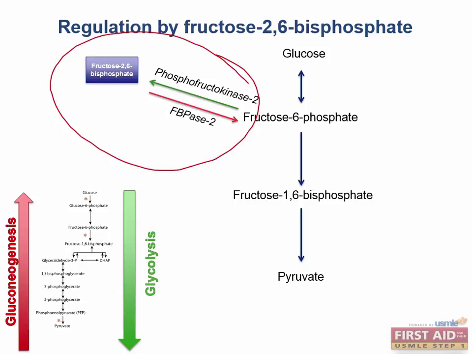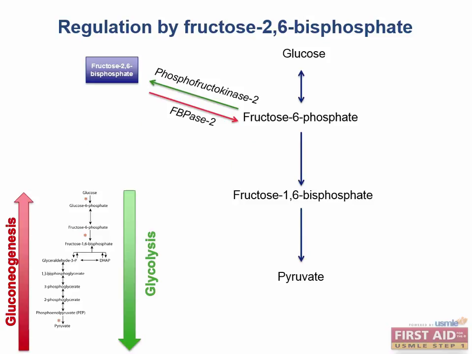Think of fructose 2,6-bisphosphate as a regulation molecule or a side process that's going on along with glycolysis. It gets made by phosphofructokinase 2, a kind of cousin to phosphofructokinase 1, and gets broken down by fructose bisphosphatase 2. Fructose bisphosphatase 2 and phosphofructokinase 2 are actually part of the same protein, but respond in opposite ways to phosphorylation by protein kinase A.